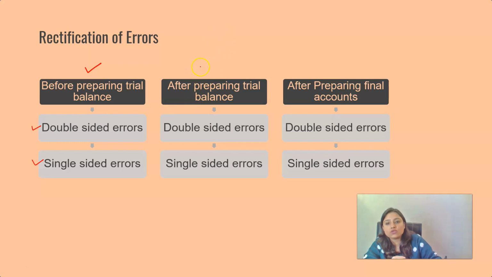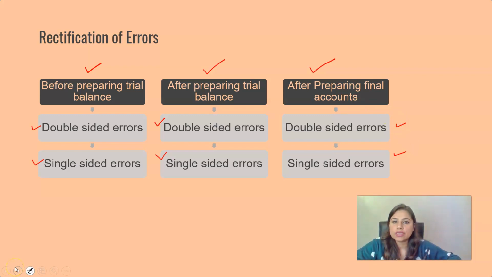Such errors can also be identified after preparing the trial balance and during drafting of the financial statements, and again they could be double-sided or single-sided. And the most crucial and challenging part is after preparing the final accounts, when some entries have been ascertained as incorrect, and such errors could also be double-sided or single-sided.